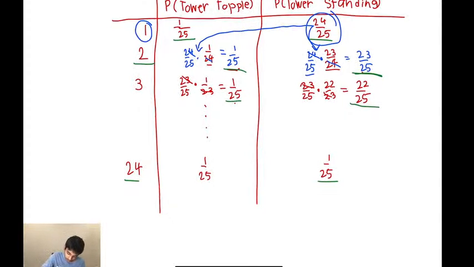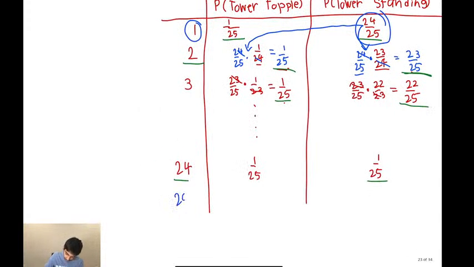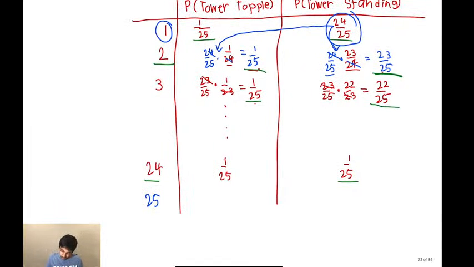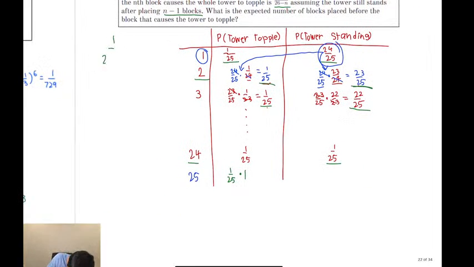Okay, and then for the 25th block, what is the probability that the 25th block will cause the tower to topple? Well, that's just going to be 1 over 25. There's a 1 over 25 chance that the tower will remain standing up till the 24th point, times the probability the 25th block will topple, because 1 over 26 minus 25 equals 1 over 1.